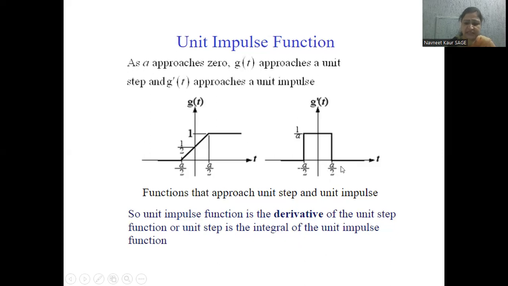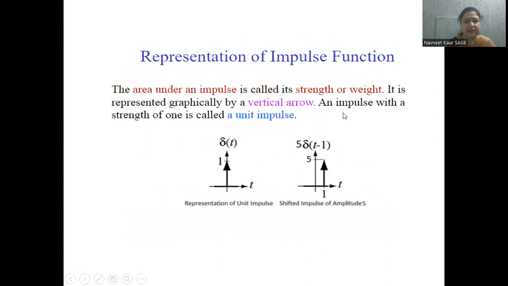Now, in this case, we can define the strength or weight of the signal. This is the unit impulse signal, which is represented as an arrow, and the strength of this signal is 1. The strength is actually the area under an impulse. It is represented graphically by a vertical arrow. An impulse with a strength of 1 is called a unit impulse.